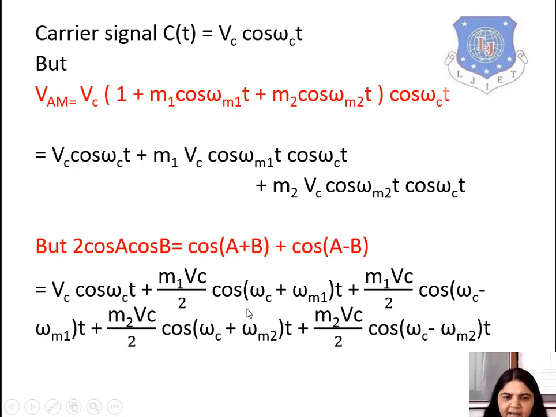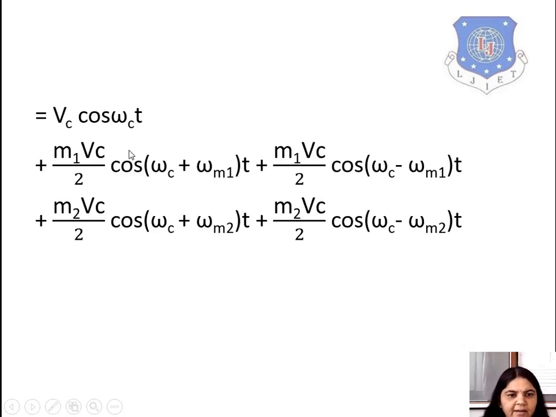Here you can see that the carrier signal is the same, only the information signal changes. So this is my equation, with m1 Vc by 2.